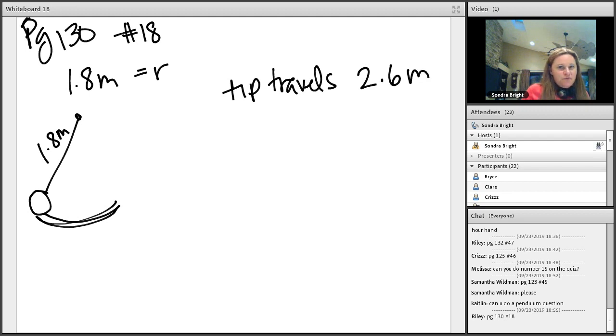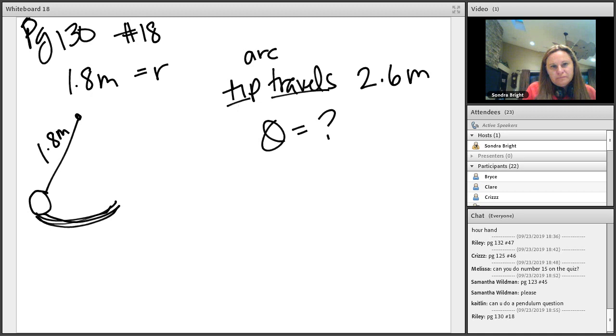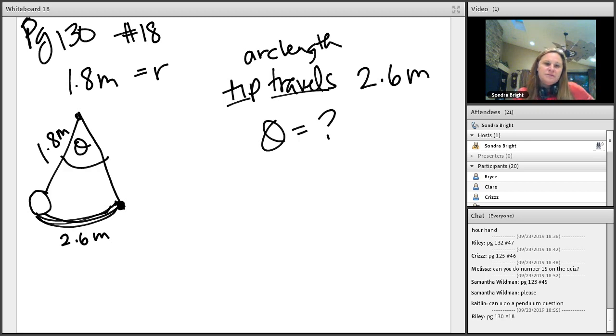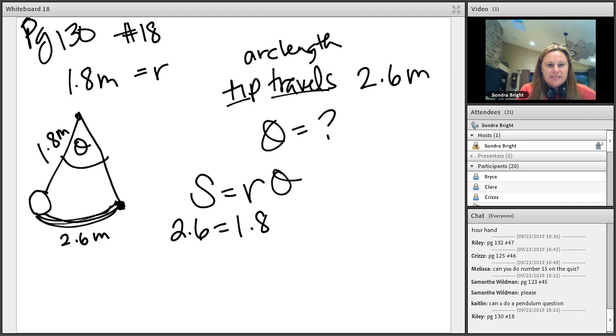What they gave you there, and they want to know what's theta. Okay, tip travels is arc length, which is S. So here they gave you 2.6 meters, and I'm calling this theta. So you use S equals r theta, and your arc length was 2.6, and your radius is 1.8, times theta.